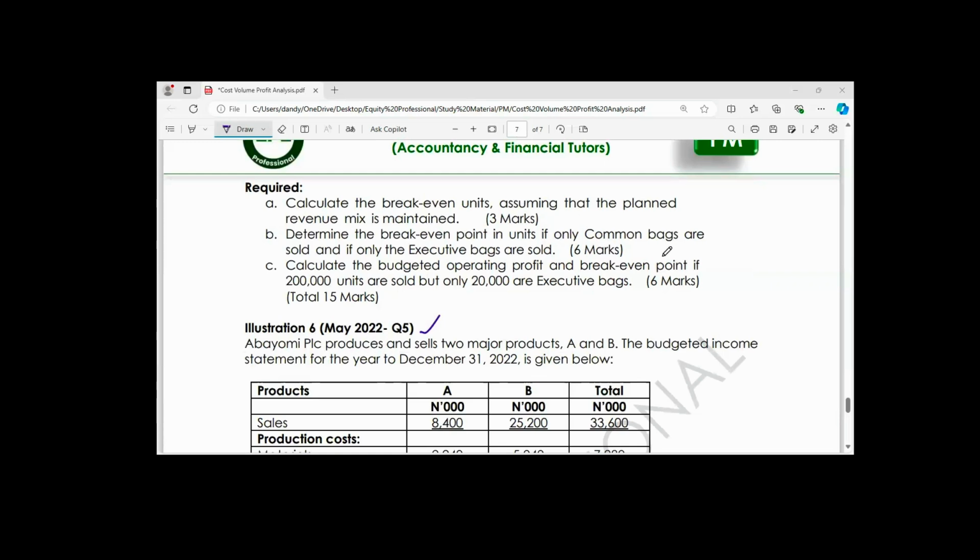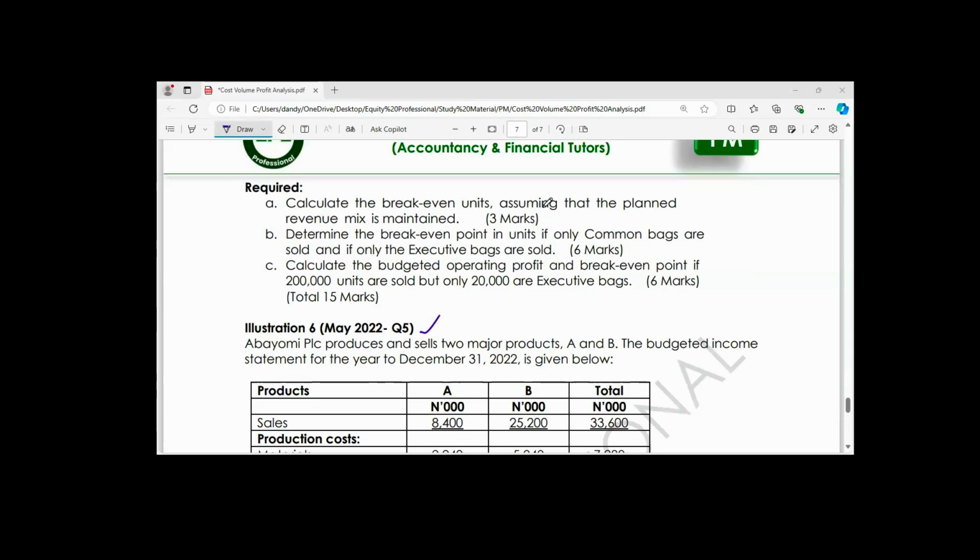B. Determine the break-even point in units if only common bags are sold and if only the executive bags are sold. C. Calculate the budgeted operating profit and break-even point if 200,000 units are sold, but only 20,000 are executive bags.